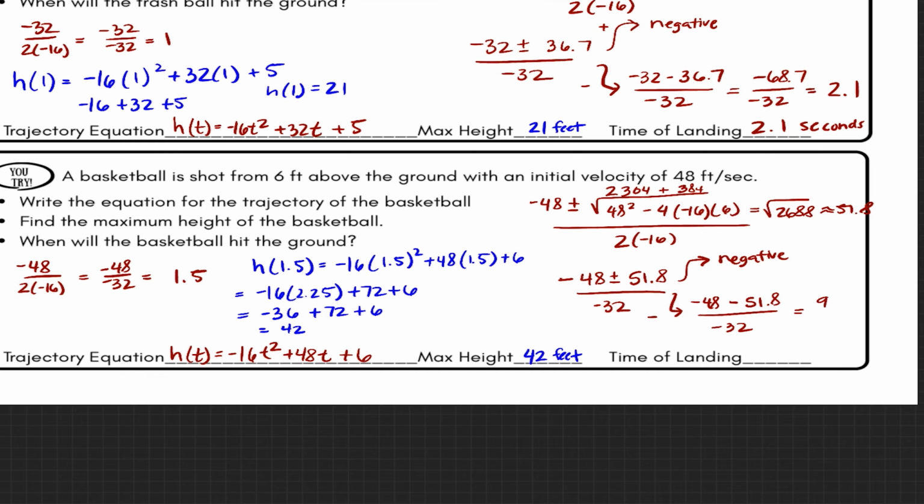So this equals negative 99.8 divided by negative 32. We get 3.1 seconds. So the answer is 3.1 seconds.